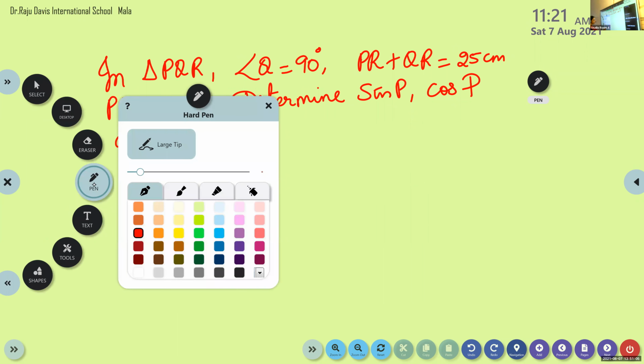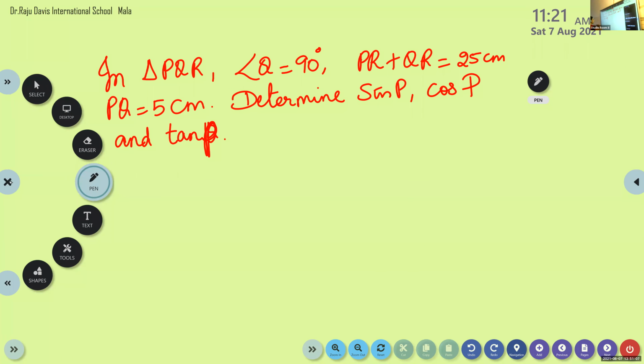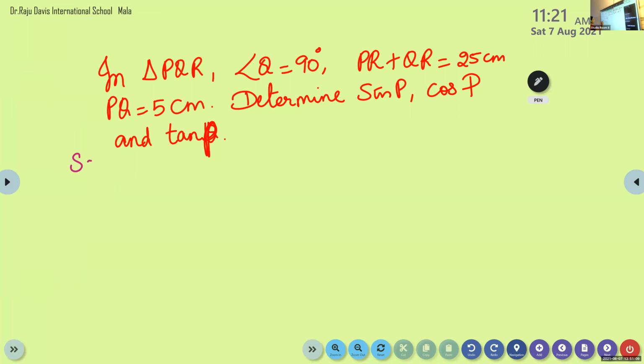Okay, so similar to the previous one, first of all you draw the figure. It is given triangle PQR with angle Q 90.